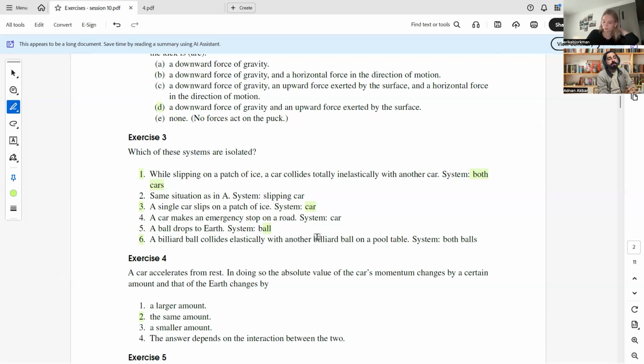The last one, a billiard ball collides elastically with another billiard ball on the pool table. Both balls are actually an isolated system, because the energy that one ball has after collision, it will transfer its total energy to the other ball, and the other ball will move with the same velocity and the same energy. So it is also an isolated system.